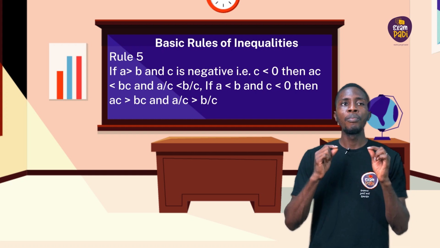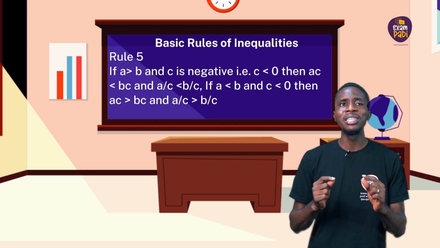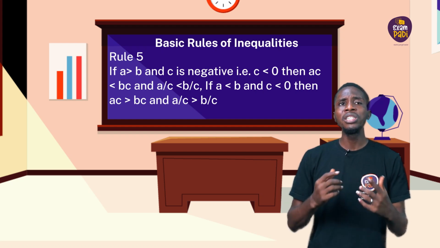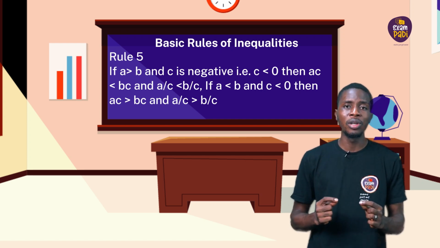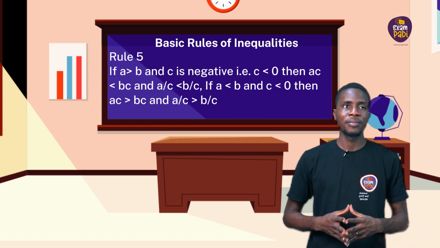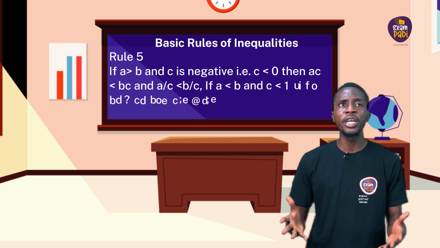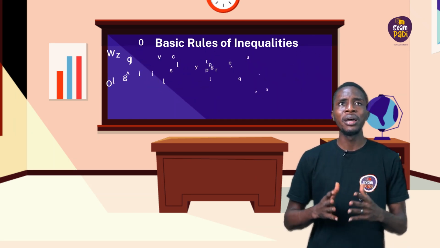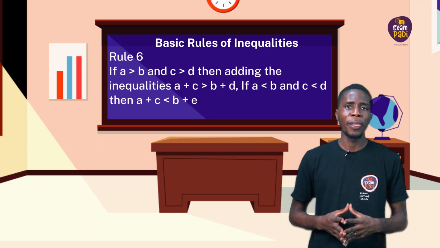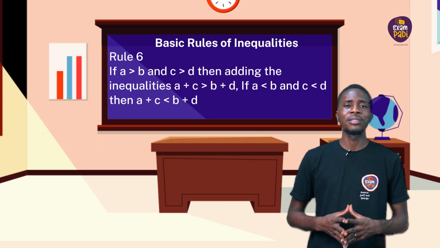Note, both sides of an inequality can be multiplied or divided by a negative number, but the sign of the inequality is reversed. The sign of inequality is changed if both sides are multiplied or divided by the same negative number. Rule number 6.